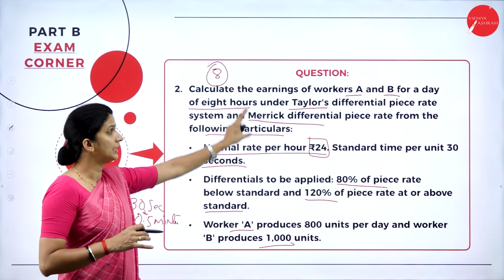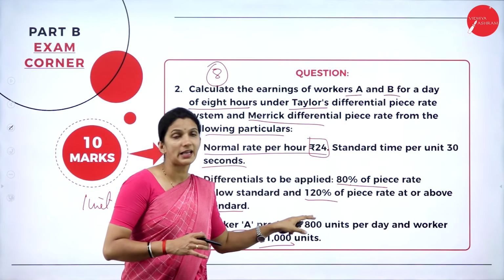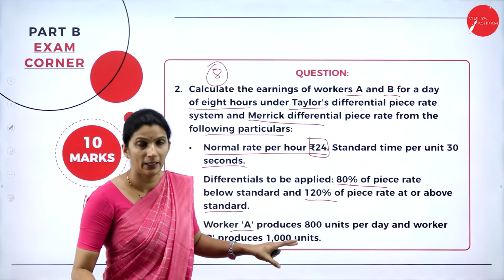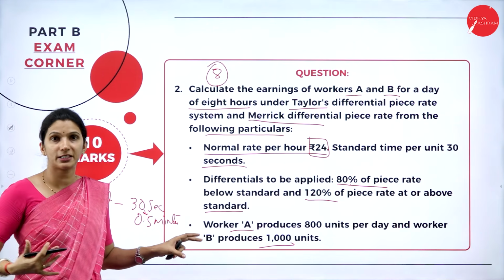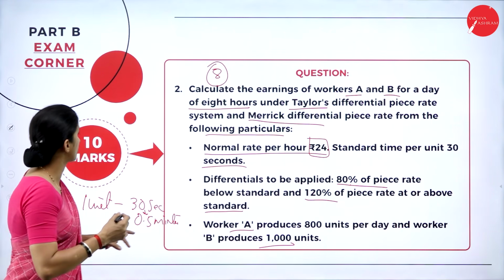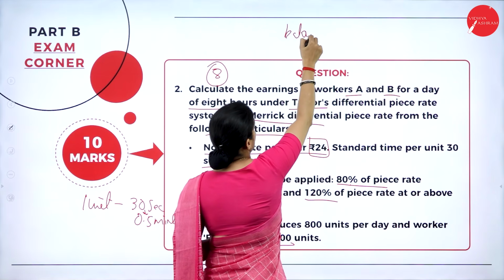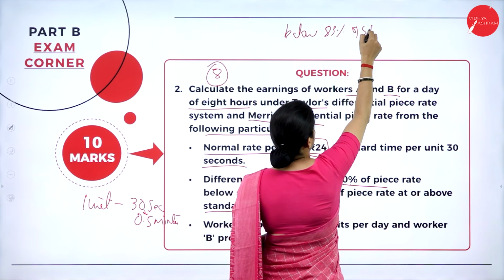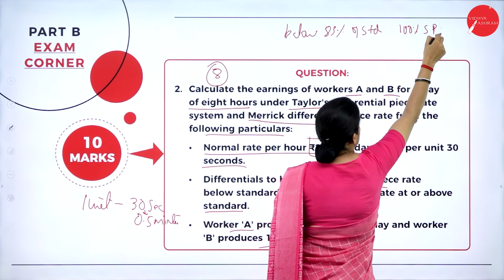Under Taylor's differential piece rate system, we have the low piece rate and high piece rate percentages. But when we apply the Merrick differential system, it has a multiple piece rate system. Below 83% of the standard, it is 100% of the standard piece rate.